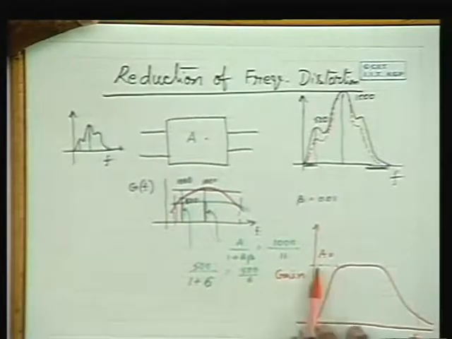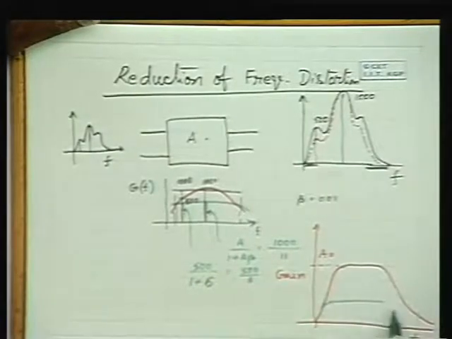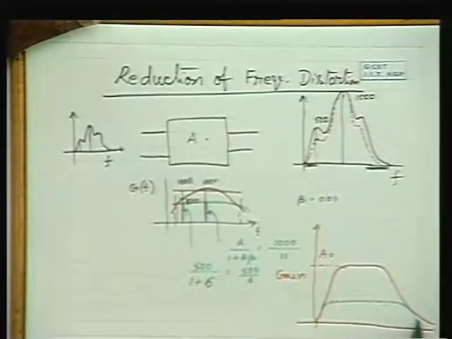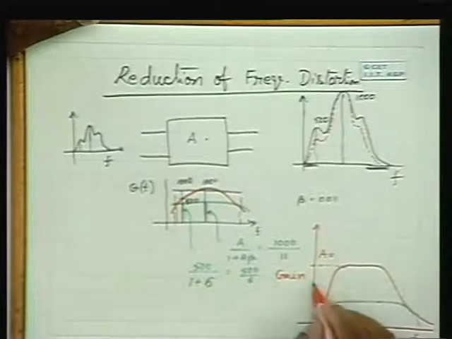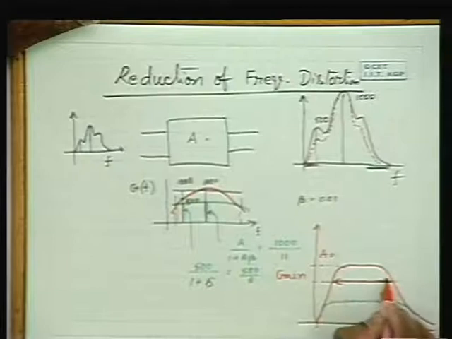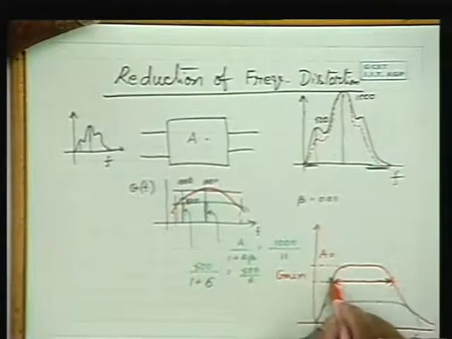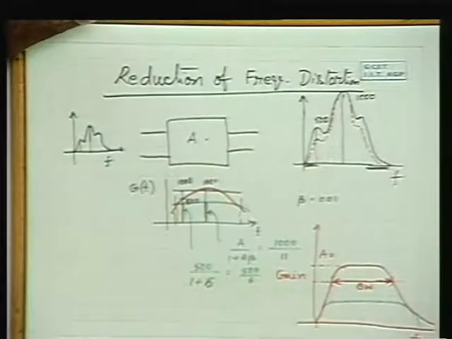Now if this is the gain without feedback, with feedback the gain would be something like this. So this is the gain with feedback. Now say the 3 dB bandwidth of this amplifier is this. That means this is the 3 dB bandwidth of this amplifier, bandwidth without feedback.